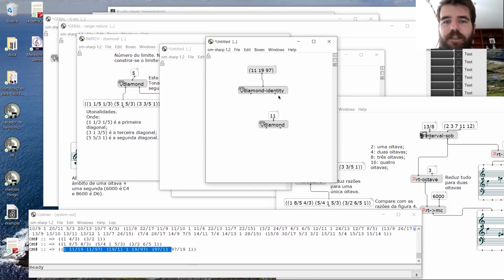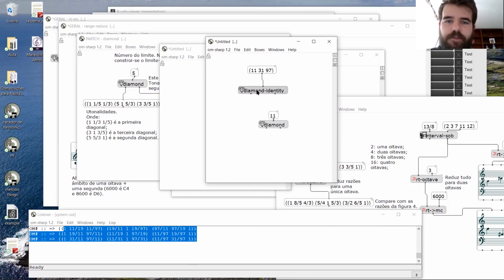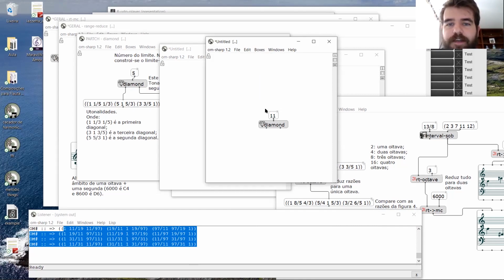For example, I want to build a diamond with the 11 harmonic and the 31 and the 997. So I like this, I will compose with this. And the last object is the inverse chord.